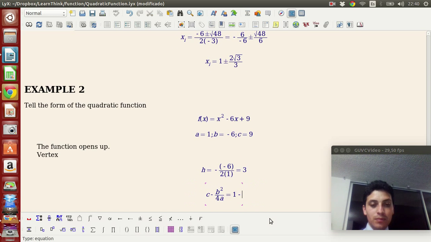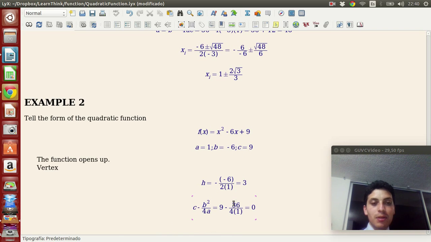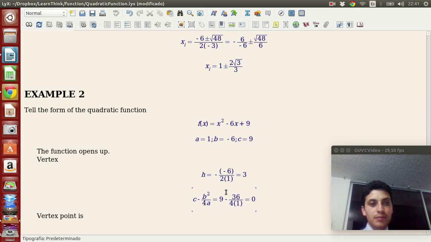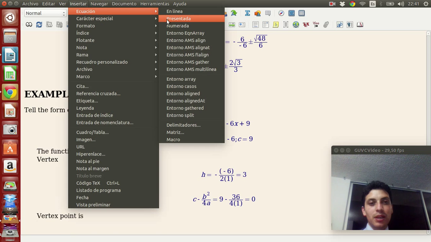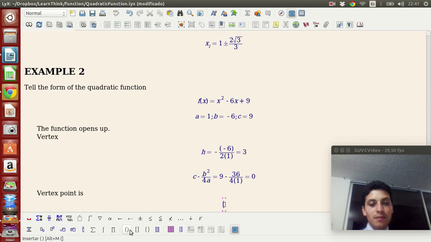So z is 9 minus b squared, which is 36, divided by 4 times a, that is 1. So we have 9 minus 9, since 36 divided by 4 is 9, so 0. So the vertex point is 3, 0.